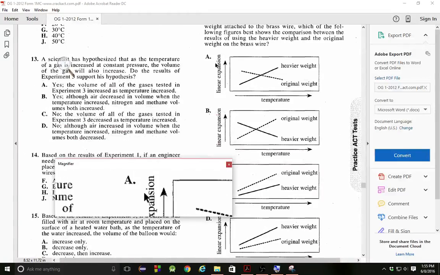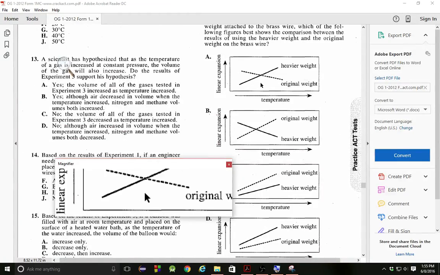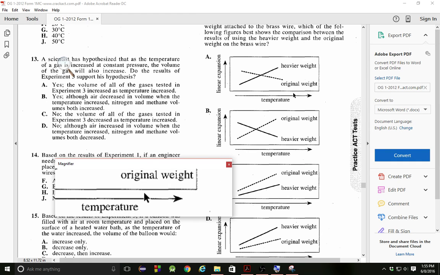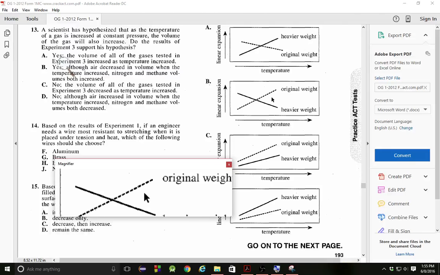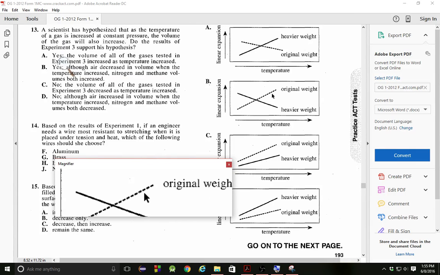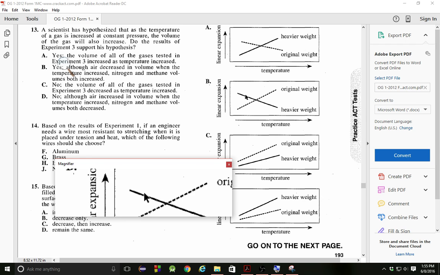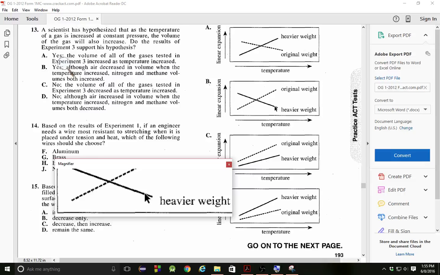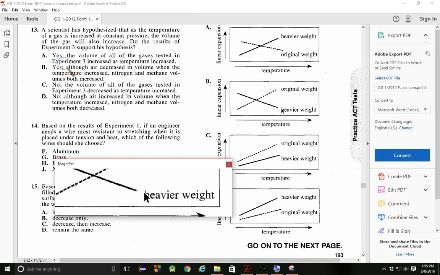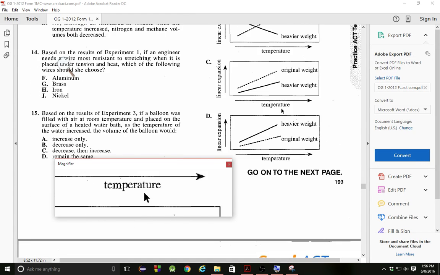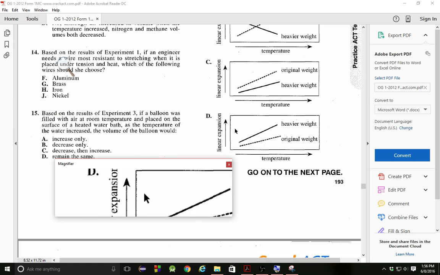So A can't be correct because here we have linear expansion decreasing in the original weight while temperature is increasing. B also can't be correct because just because it's heavier doesn't mean that as the temperature increases it's going to decrease. So we're down to either C or D.